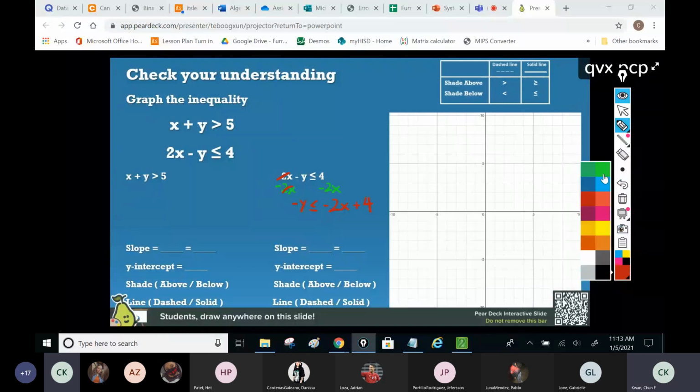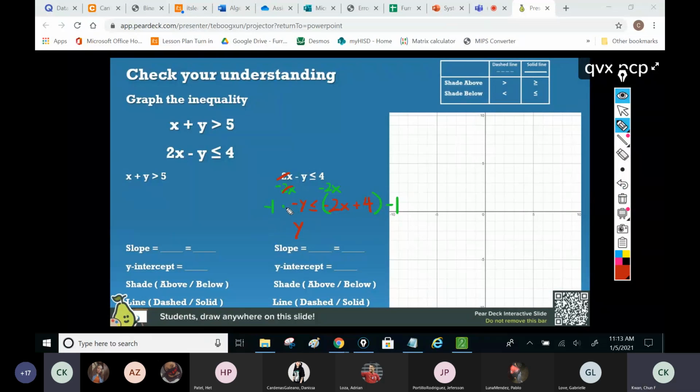So here's what I'm going to do. I'm going to multiply -1 on both sides. And I do that because -1 and -y, when you multiply them together, you will get a positive y.